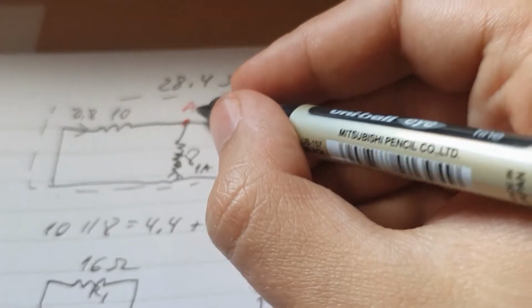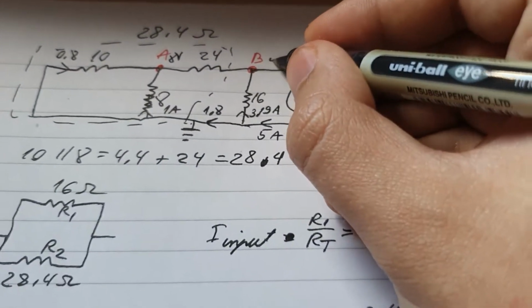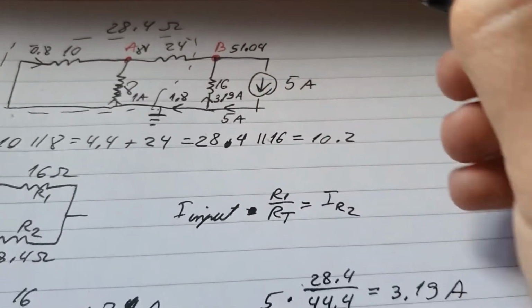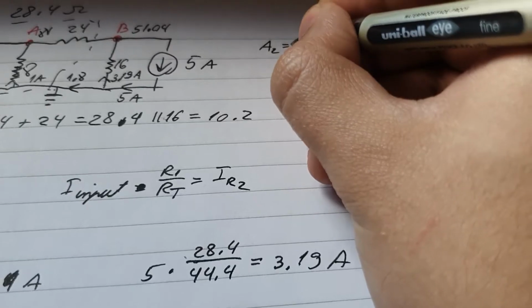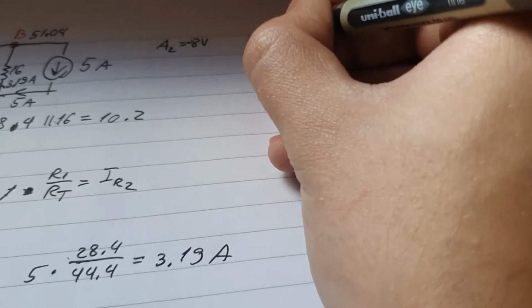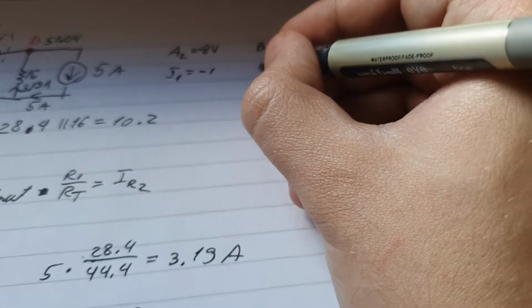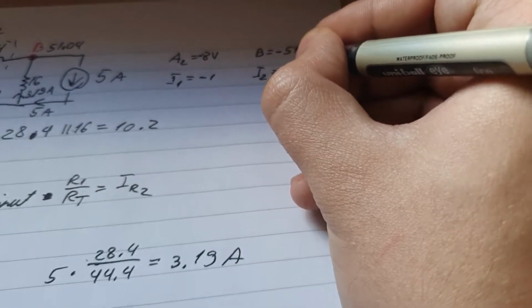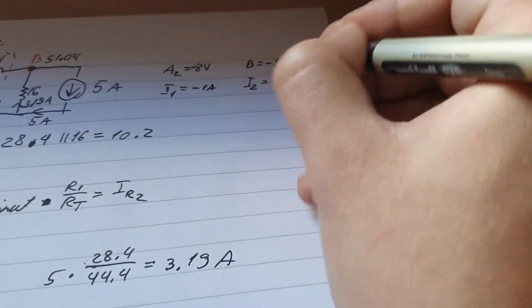So here point A is 8 volts, and this one is 51.04. Now let's write it down. A2 is equal to 8 volts, B2 is equal to minus 51.04. I1 is equal to minus 1, and I2 is equal to minus 3.19 amps.